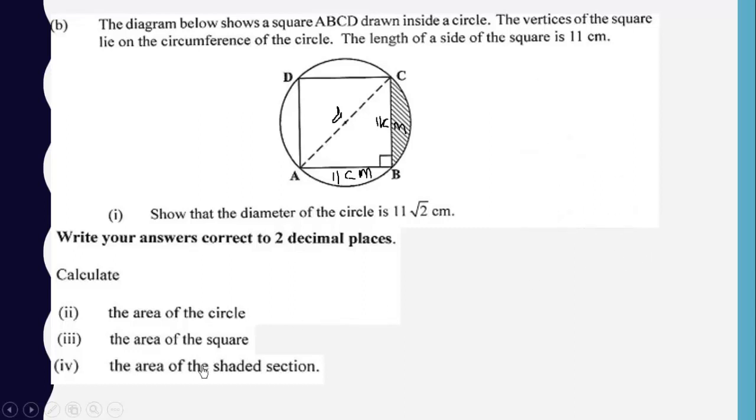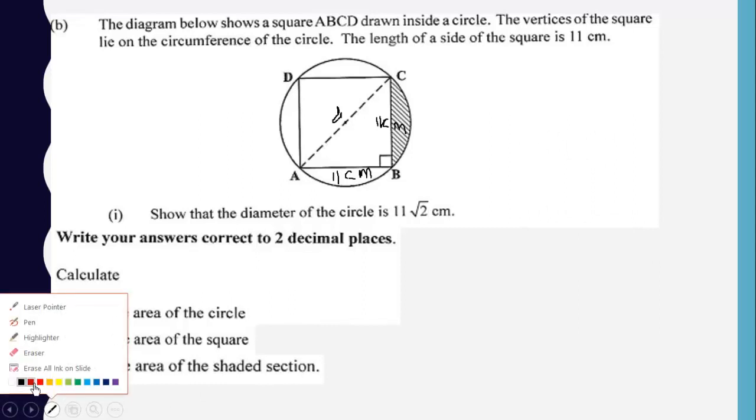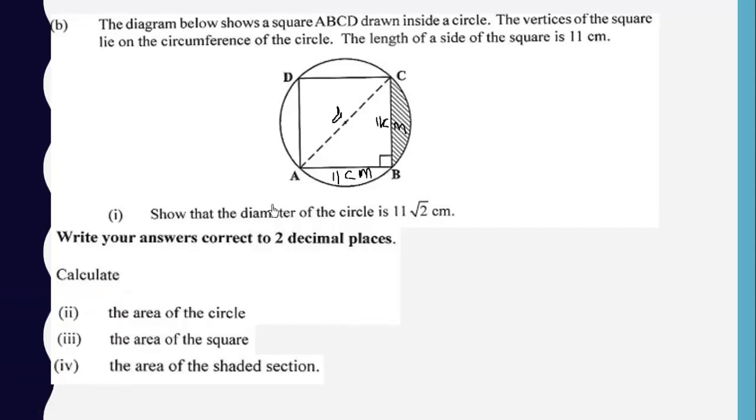Now the next question is the area of the shaded region. This is the shaded region. Before you can find the area of the shaded region, we need to find the area of this whole region over here. This whole region.